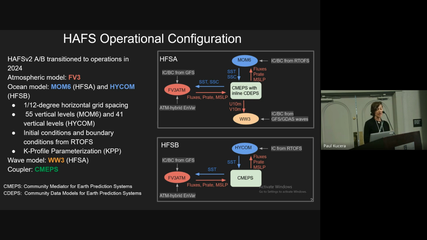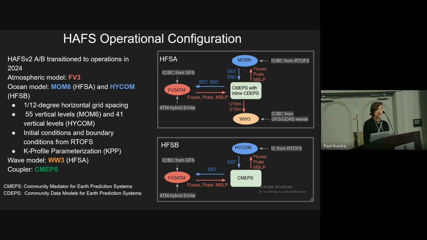Both ocean models have a 1/12-degree horizontal grid resolution. MOM6 has 55 vertical levels, and HYCOM has 41 vertical levels. For both models, the ocean initial conditions come from the real-time ocean forecasting system, RTOFS. Both models also use the KPP profile parameterization as a vertical mixing scheme within the upper ocean mixed layer.